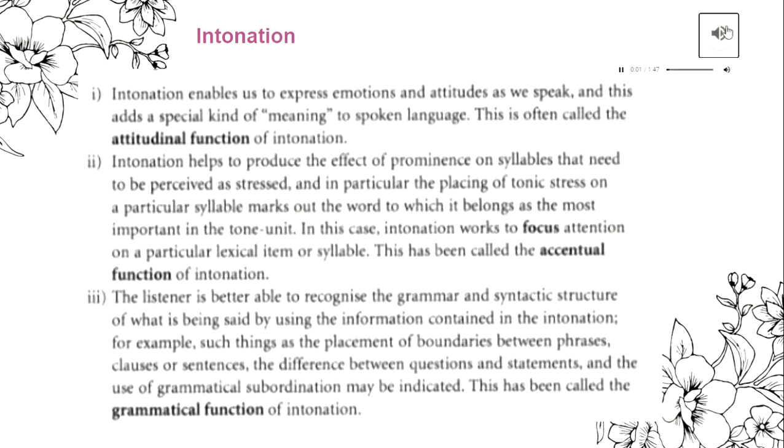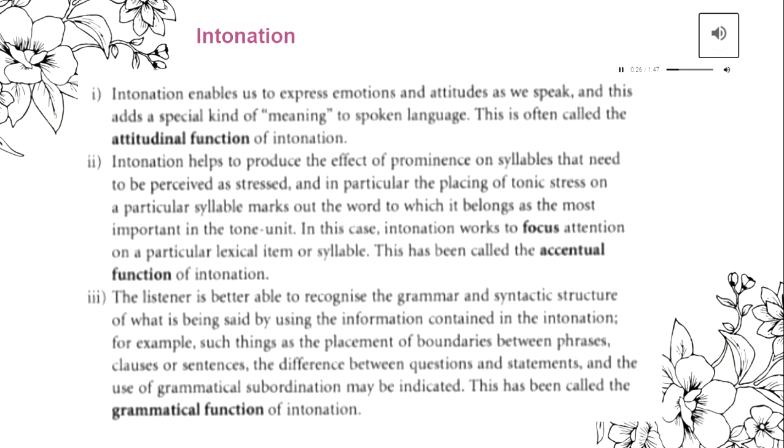And intonation. Okay. Intonation helps to express emotion and attitudes as we speak, and this adds a special kind of meaning to the spoken language. This is often called the attitudinal function of intonation.